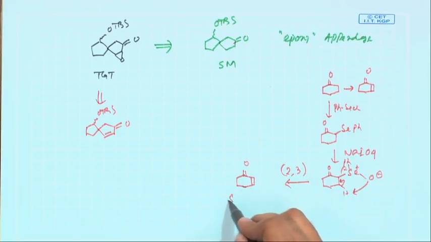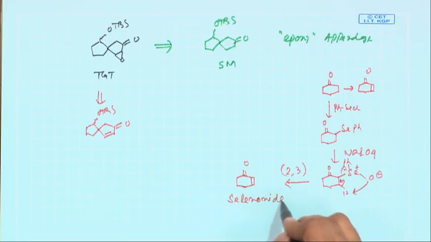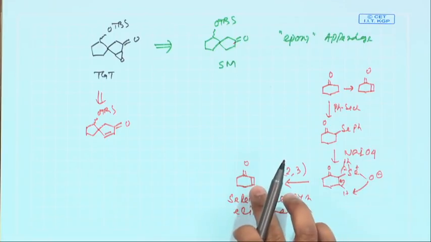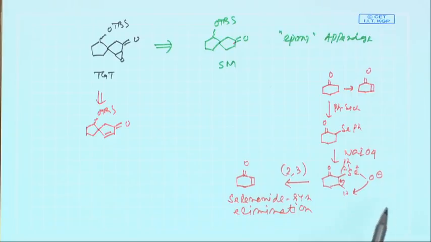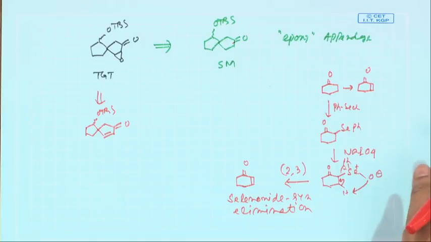It is called selenoxide elimination, and this is one of the very well known methods to introduce an alpha beta unsaturated double bond adjacent to the carbonyl group. In addition, you can do it by other ways also.